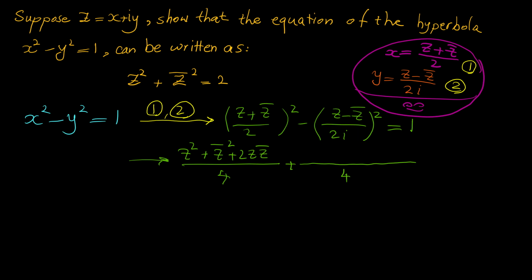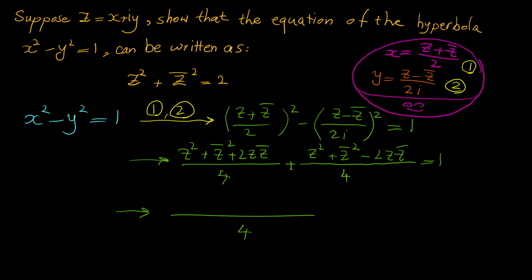Now let's raise the numerator to the 2. Then we have z² plus z conjugate² minus 2z z conjugate, because the sign between is minus, the last term is minus 2z z conjugate, equals 1. The denominators are the same.